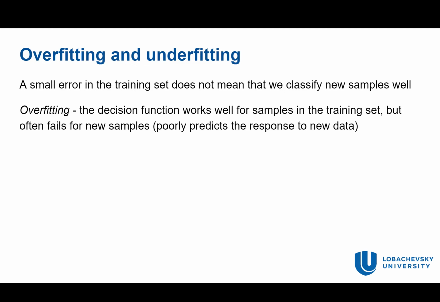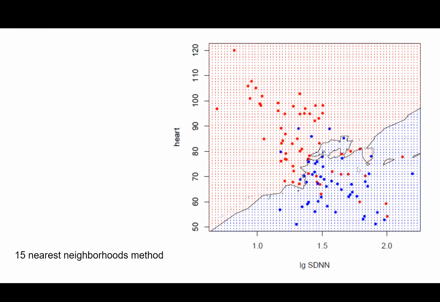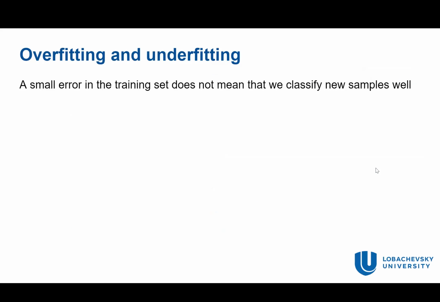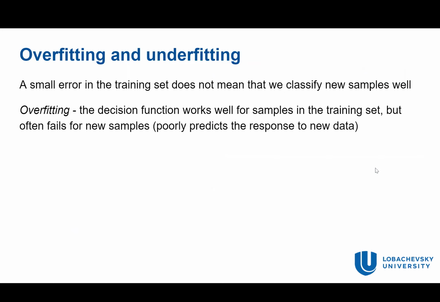So it poorly predicts the response to new data. Here, for example, our method works perfectly on the training set, but it will poorly predict the response to new data.